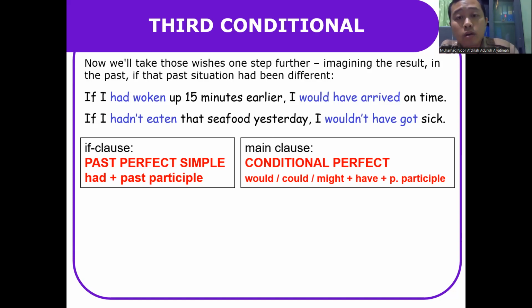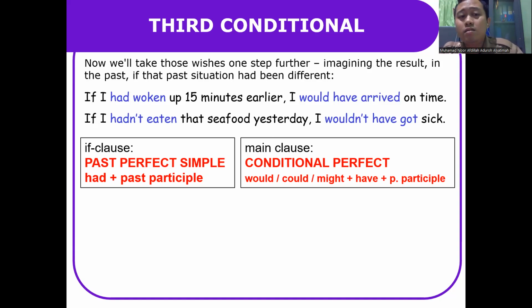And for the main clause, it is conditional perfect. What is conditional perfect? Would, could, might plus have plus past participle. I would have arrived. I as a subject, would as a modal, and have arrived as have plus past participle.